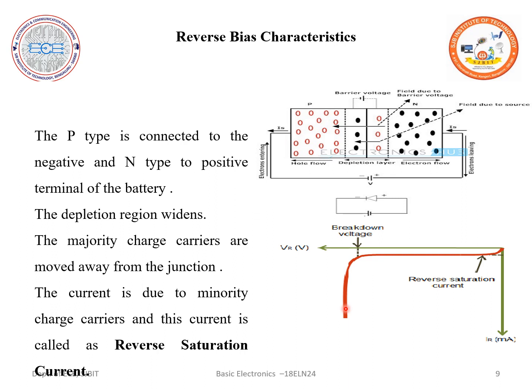The final gist of biasing, that is the VI characteristic of a PN junction, is that in the forward bias the diode is going to conduct, and in the reverse bias the diode is not going to conduct. It is going to act as an open switch.